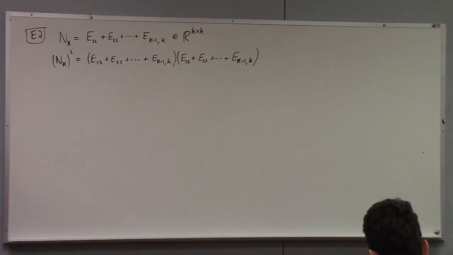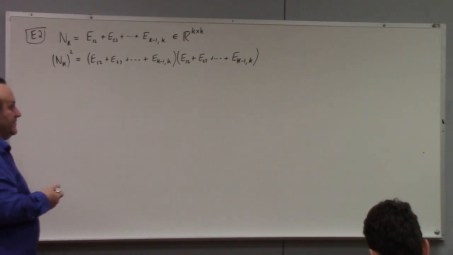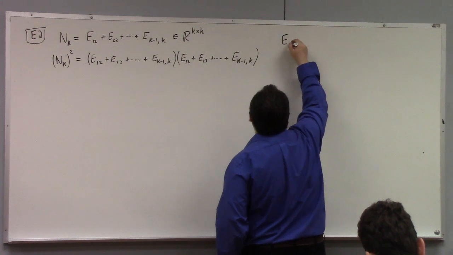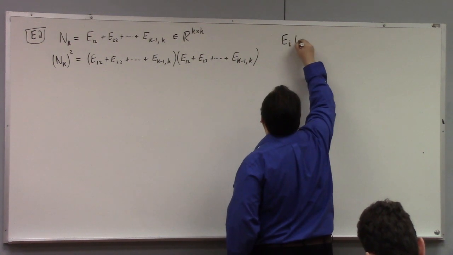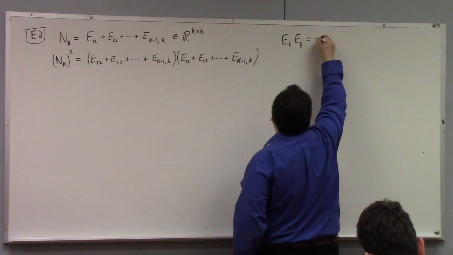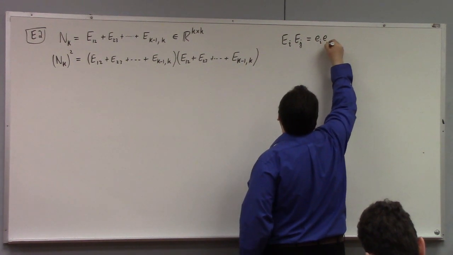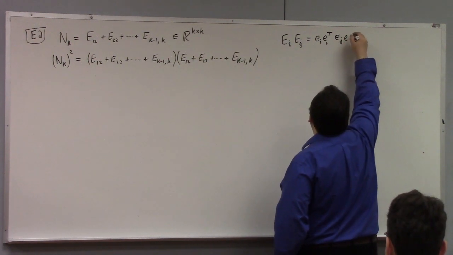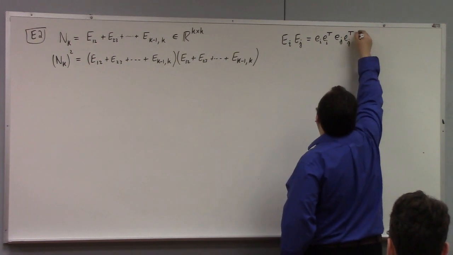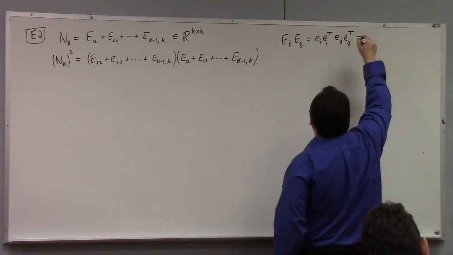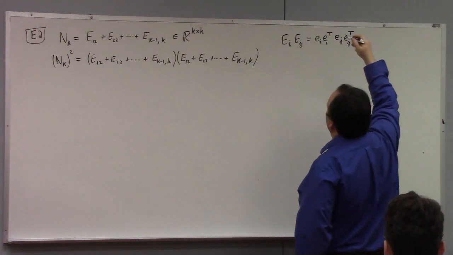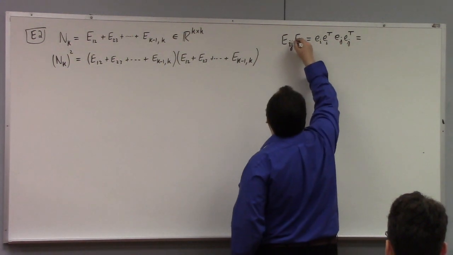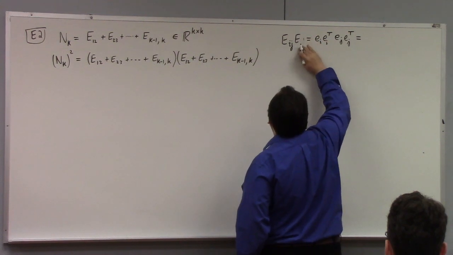Let's see here. So we worked out the product of the matrix units. What was the formula for it? What was e_i times e_j? Remember how that goes? So we could do e_i e_j transpose, e_k e_l transpose, and that is, oh, I'm a dummy. I wanted an e_kl here.